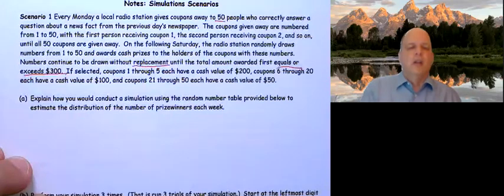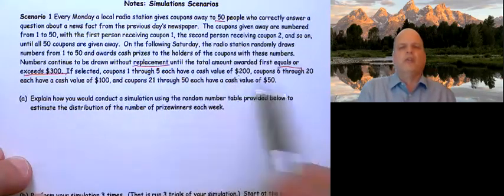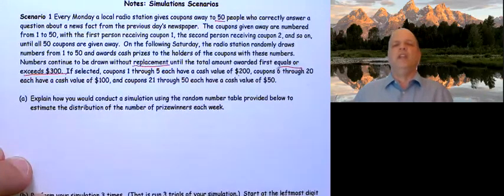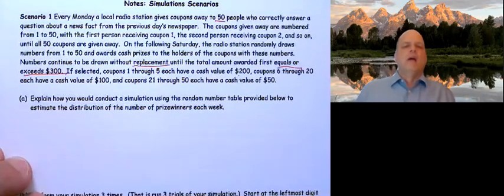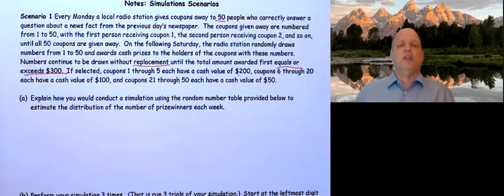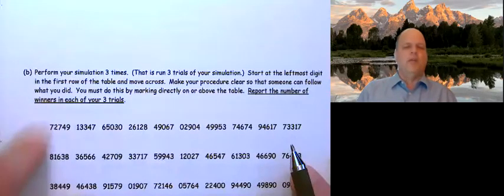The selected coupons 1 through 5 each have a cash value of $200, 6 through 20 have a cash value of $100, and coupons 21 through 50 each have a cash value of $50. It starts off, explain how you would conduct a simulation using the random number table provided below to estimate the number of prize winners.